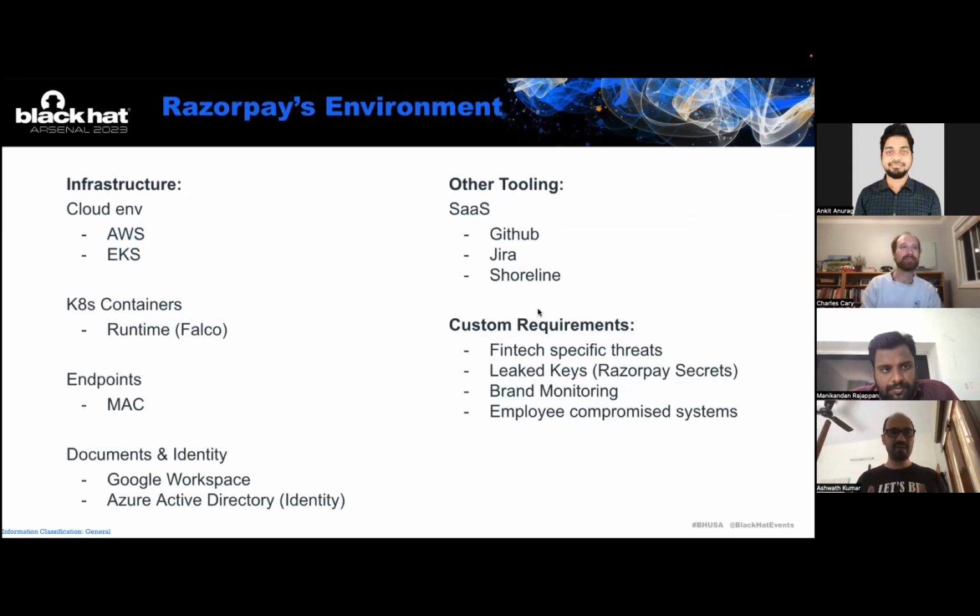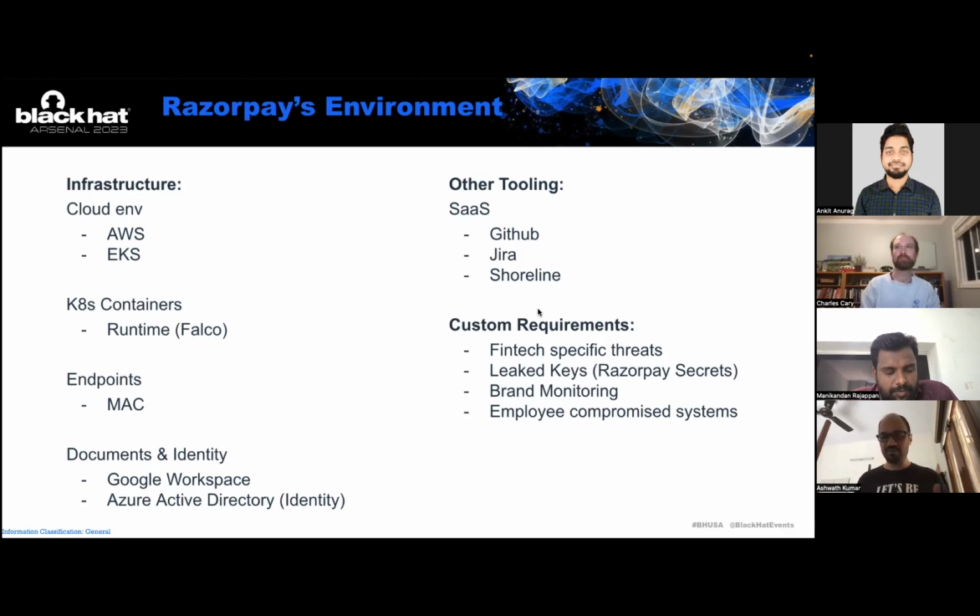So, Razorpay's environment, talking about the infrastructure. We are completely cloud native, completely on AWS, and we have a few bits and pieces on other cloud environments, but mostly on AWS. We are mostly on EKS, all on Kubernetes. For runtime, we have Falco running to provide us runtime alerts.